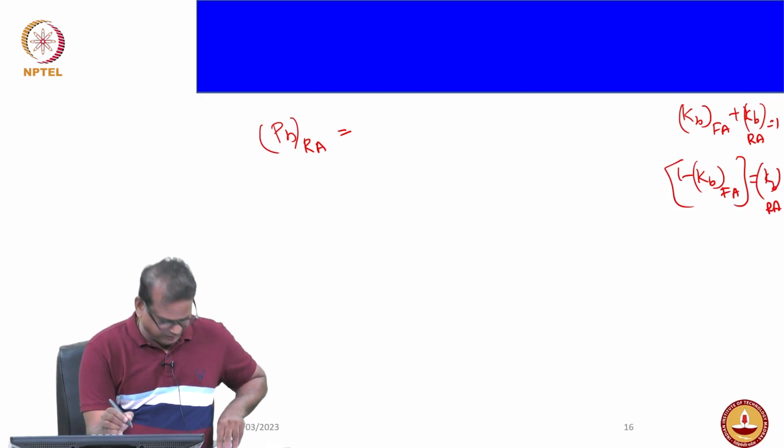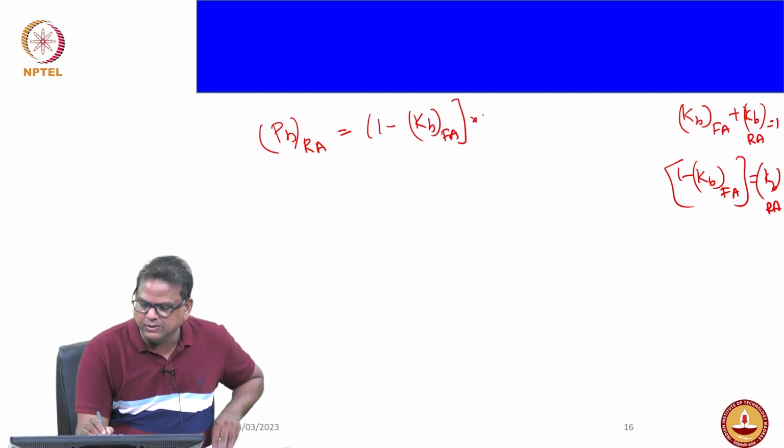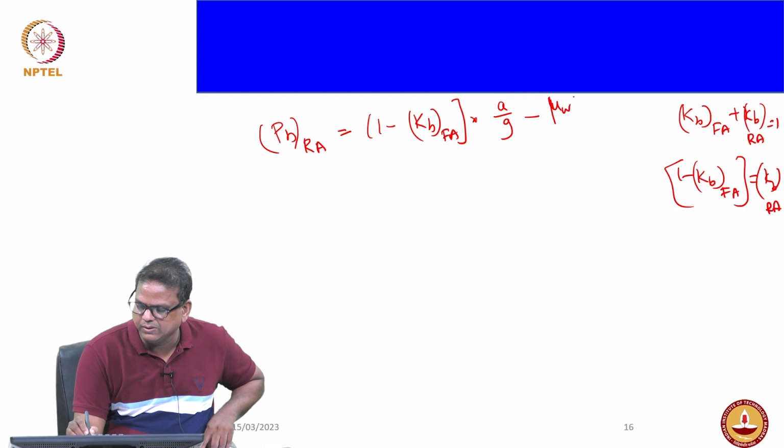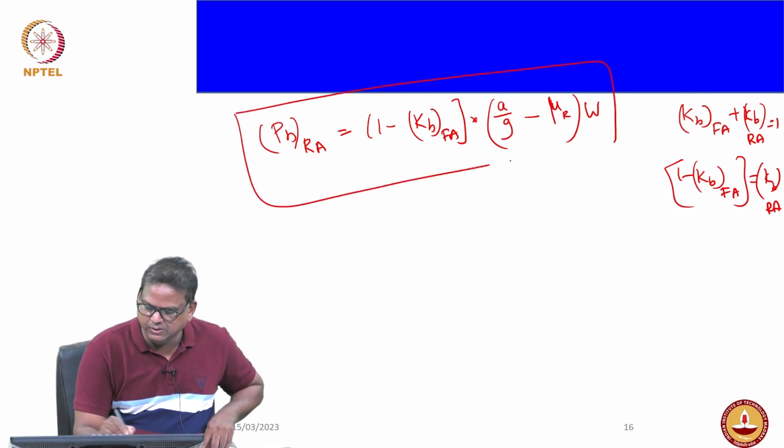By doing that, I can straight away substitute 1 minus KB FA into A by G minus mu R W. So this is equation number 4.